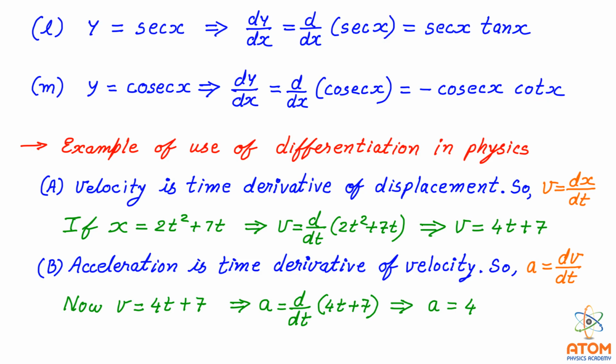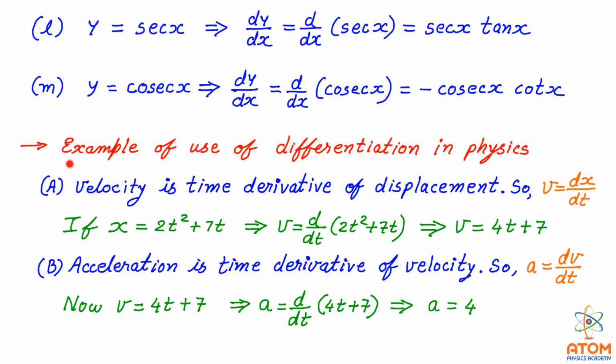In short, differentiation of sec x is sec x tan x, and differentiation of cosec x is minus cosec x cot x. Up to now, we have seen all the different types of equations of differentiation. Now let us see two examples giving you an idea of the use of differentiation in physics.